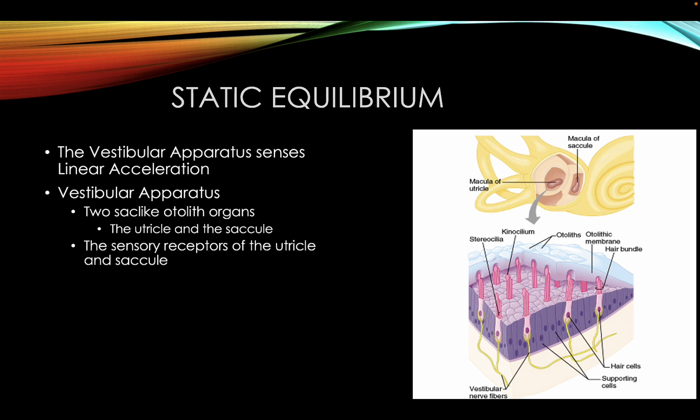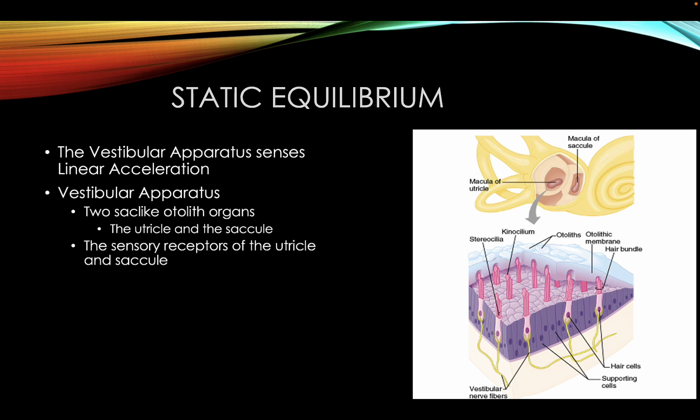Now, how this works is, as you're doing a little bit of movement, okay, the calcium carbonate crystals of these otoliths are going to be pulled by gravity. So if you move your head, let's say to the right, or you move your head to the left, or you move your head forward or backward, but you're not really moving your body a whole lot, these crystals are going to be pulled by gravity.